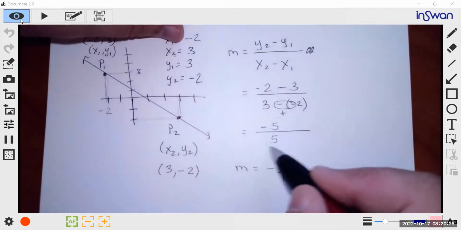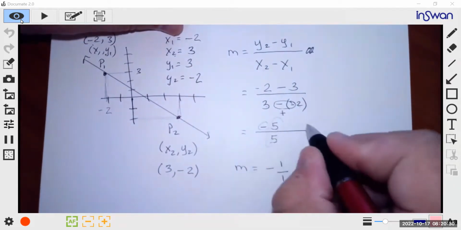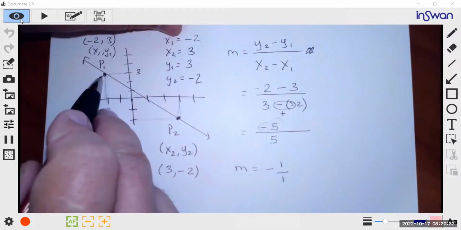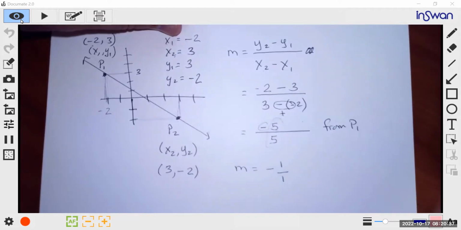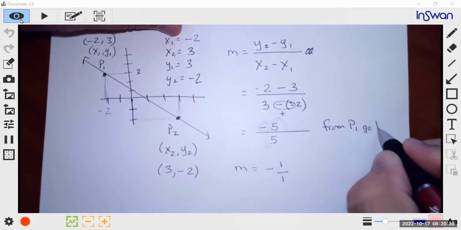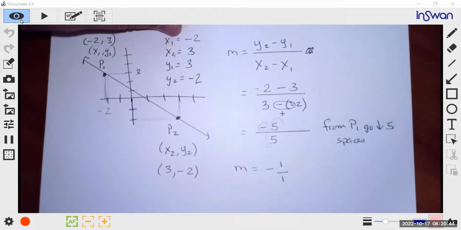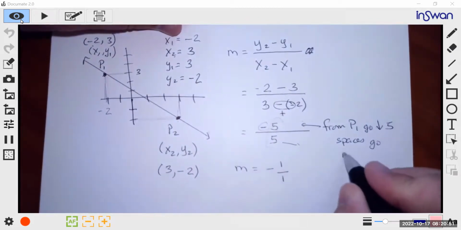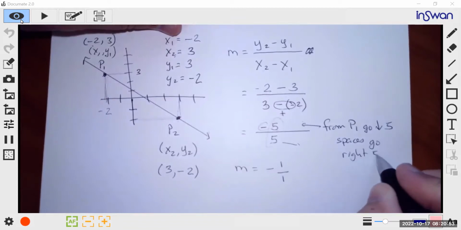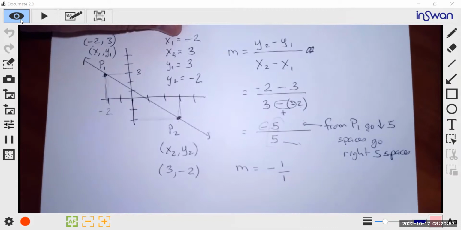What this negative says is that from point 1, go down 5 spaces, and then go right 5 spaces to get to the second point.